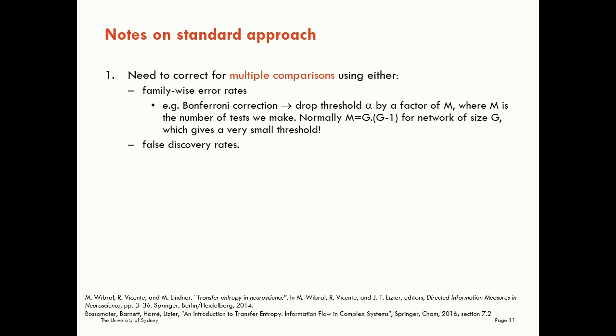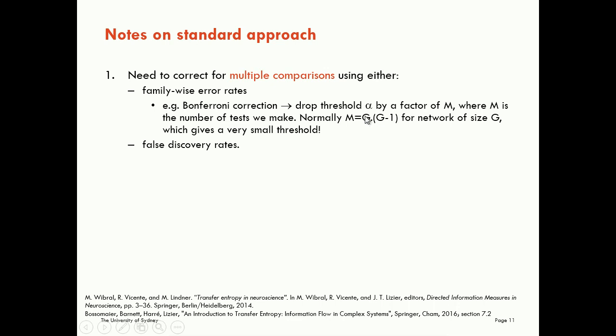Okay, to do that, we can use family-wise error rates or false discovery rates. The simple Bonferroni correction tells us that we could drop our statistical threshold alpha, that's our 0.05 level here, by a factor of m, where m is the number of tests we make. Now, if our network is of size g, then normally we're making g times g minus 1 statistical tests here.